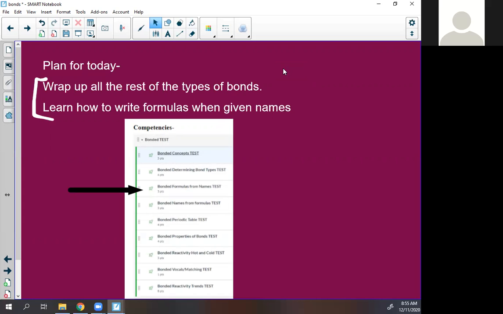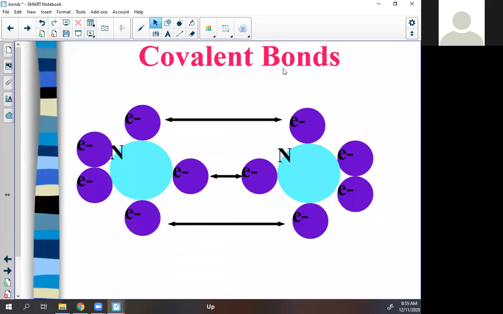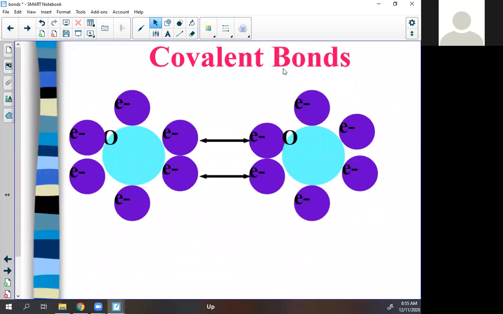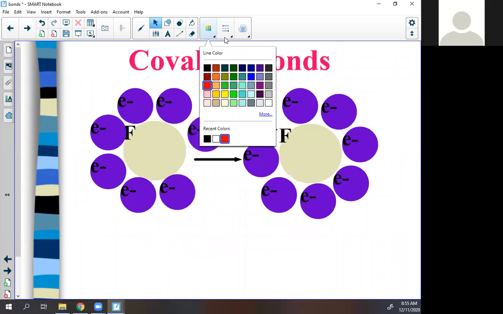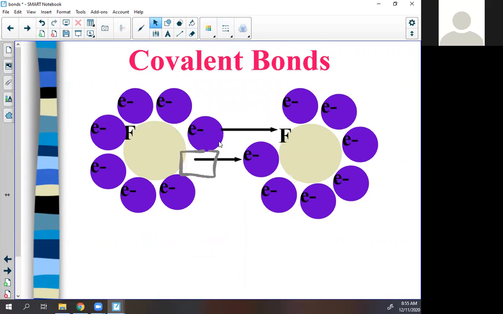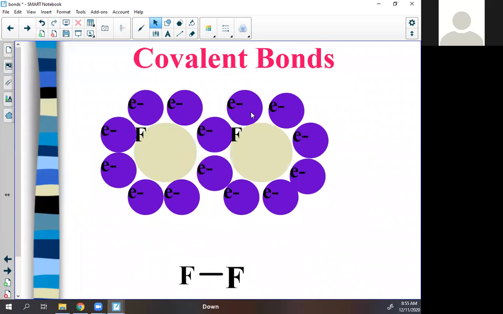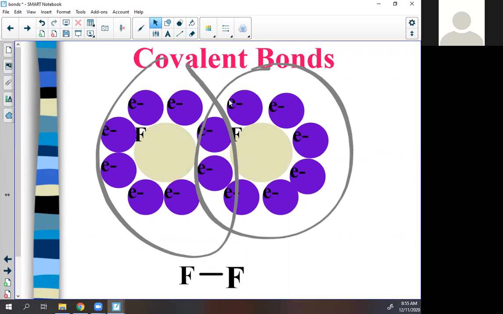Okay, so then we had those pictures showing you how fluorine alone is missing one here and one there. So they share. If they share a pair of electrons, you now have an octet on both, even though you really didn't have one on either.